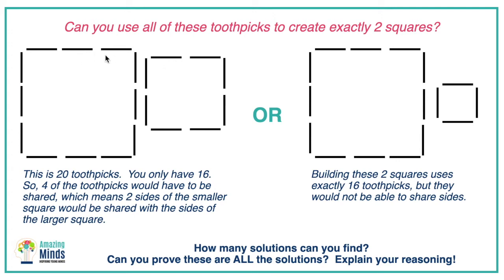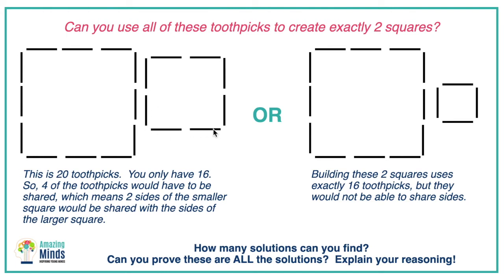If you have these 2 size squares, it's 20 toothpicks. You only have 16, but you can share sides, so 4 toothpicks would have to be shared. Now, students might have to think through this, but you're not going to share an entire side, right? You're going to have to share sides here.